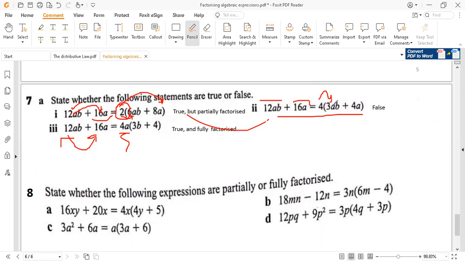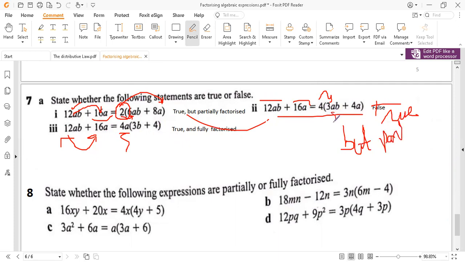I don't know where the problem is. Okay, true, but only partially factorized. Why?